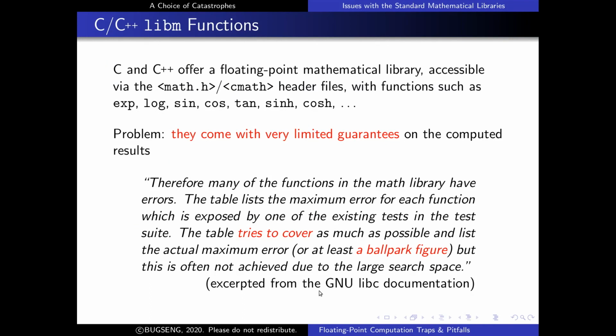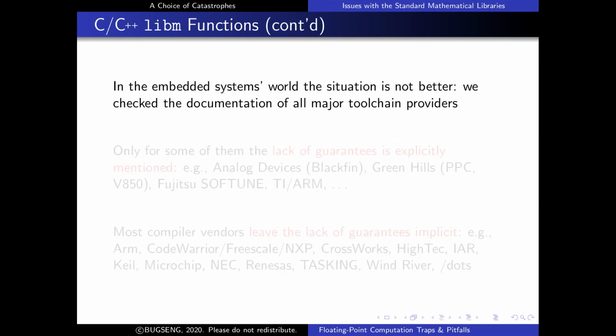For example, if you go to the GNU libc documentation, even the very latest version, you will see a table of the maximum errors. However, it is explained in the caption that the table lists the maximum error that was observed. So it's just a ballpark figure. It's really not something you can count on.